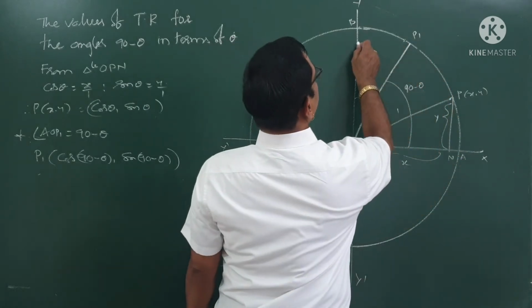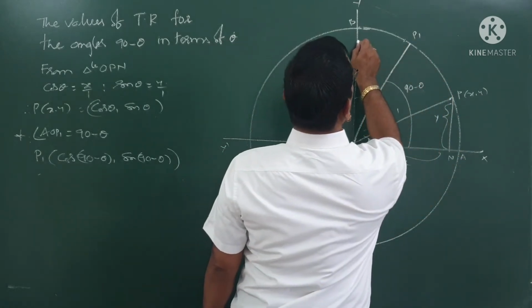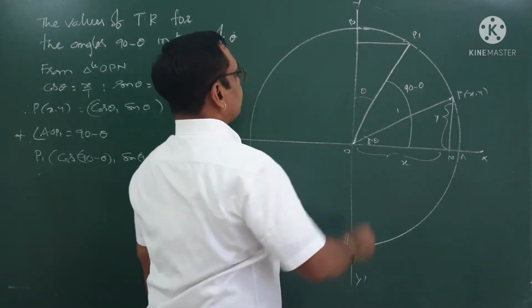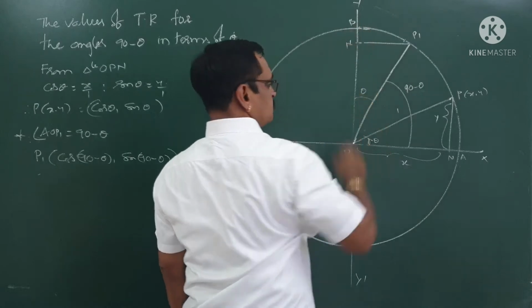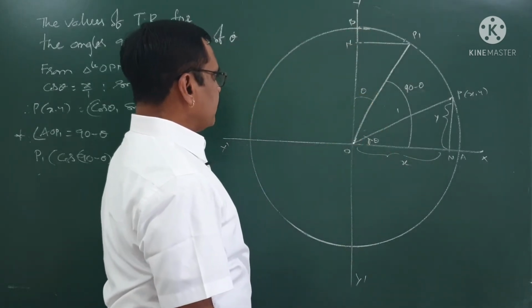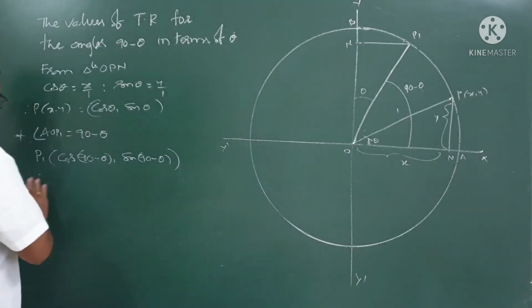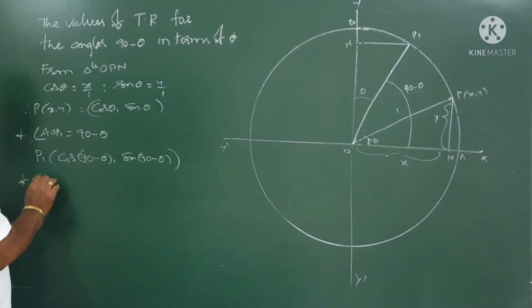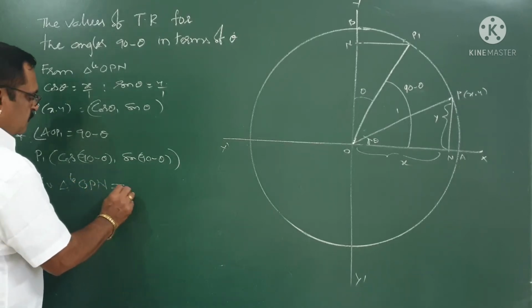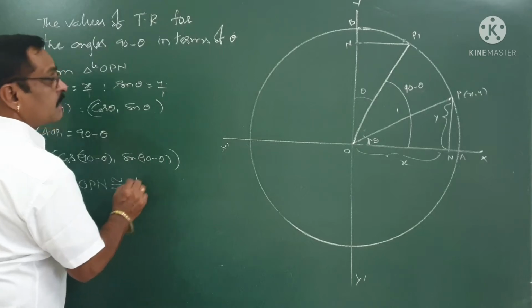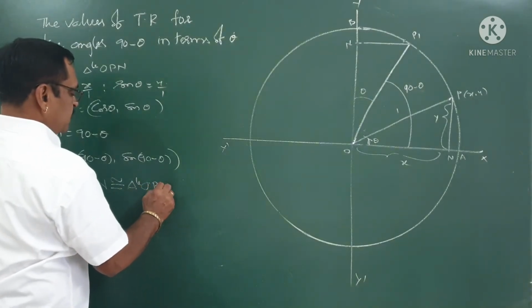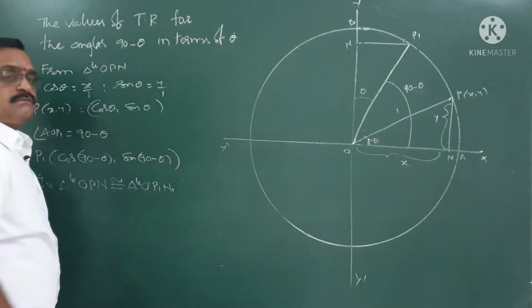draw a perpendicular line from P to the y-axis. Let this point be N1. Now, triangle OPN is congruent to triangle OP1N1.